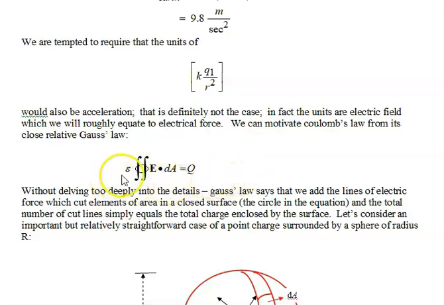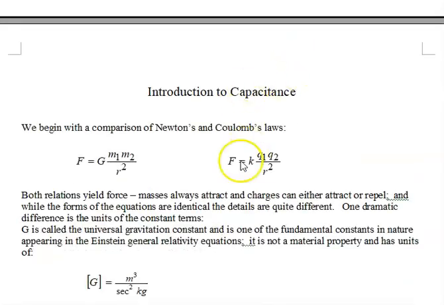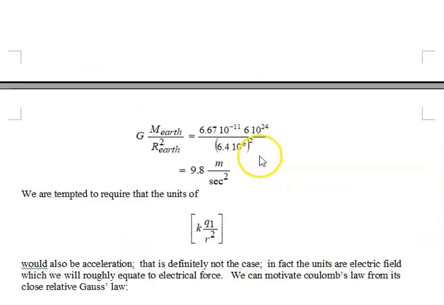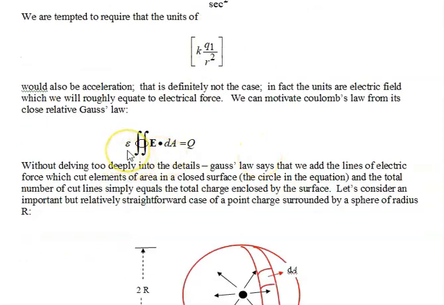There is a constant which we kind of stick in, which makes the units come out. Here in Coulomb's law, we just called it K. Now we're going to call it something else. It's a material constant, and that's kind of important, which we'll show in a little bit. Here we're going to call it the permittivity.